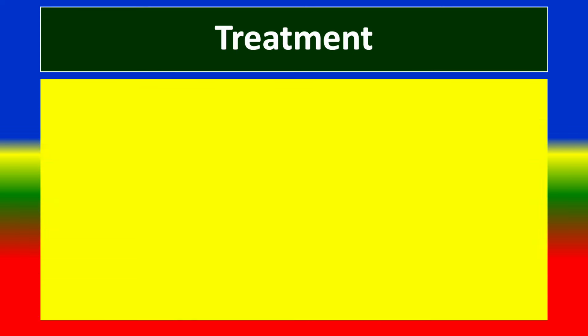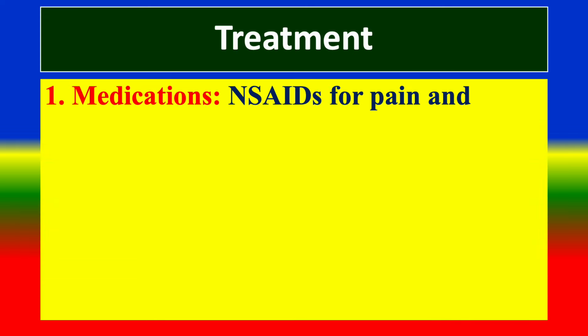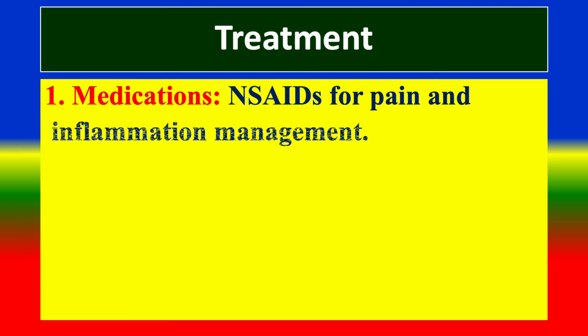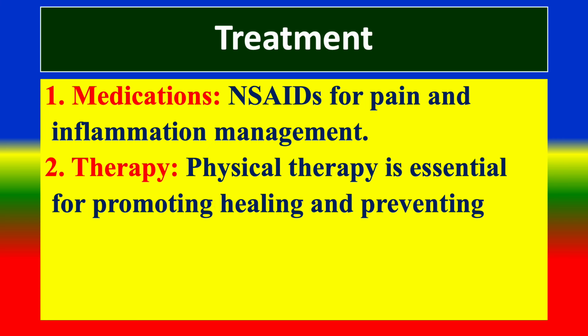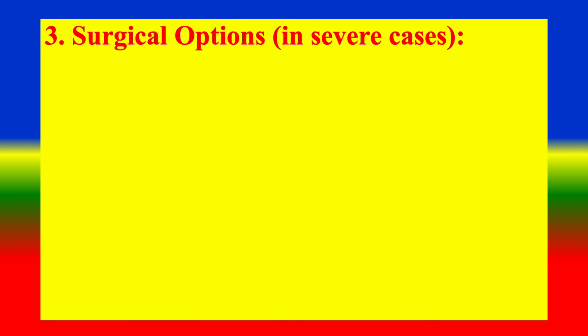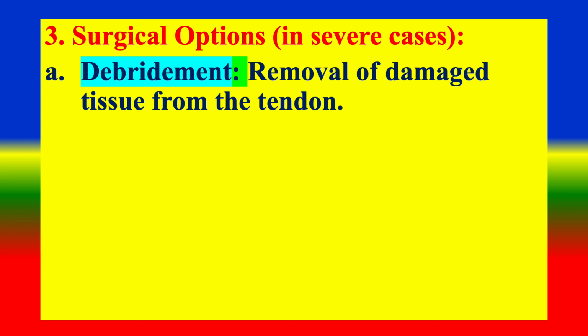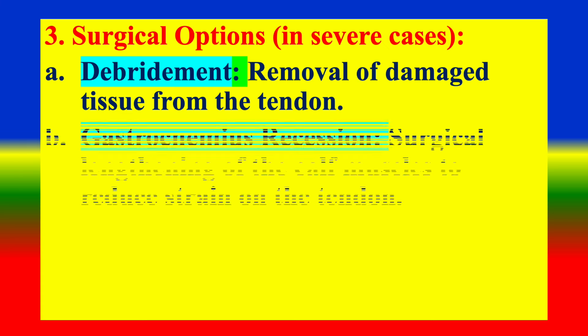Treatment options. 1. Medications, NSAIDs for pain and inflammation management. 2. Therapy. Physical therapy is essential for promoting healing and preventing recurrence. 3. Surgical options in severe cases. A. Debridement, removal of damaged tissue from the tendon.